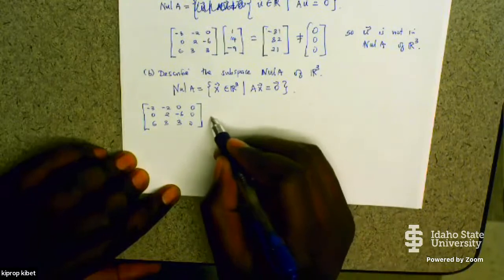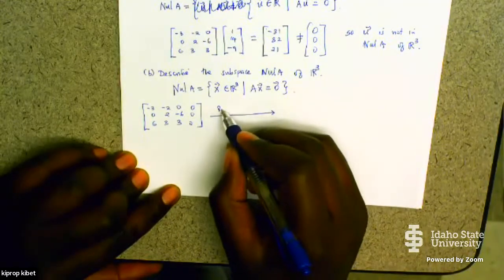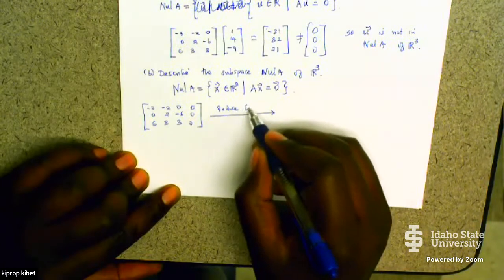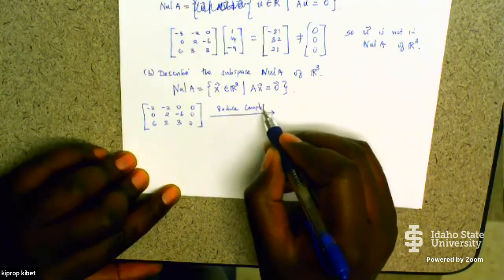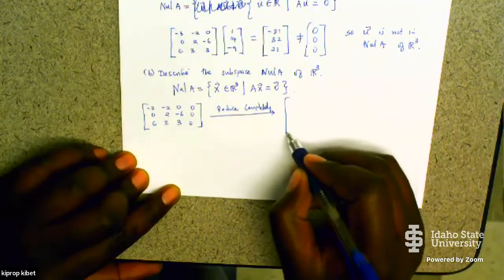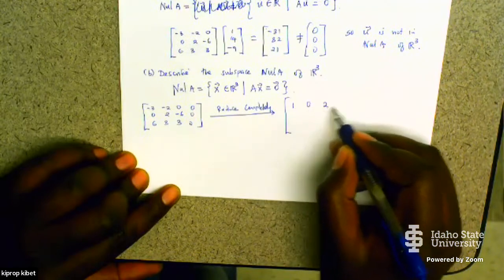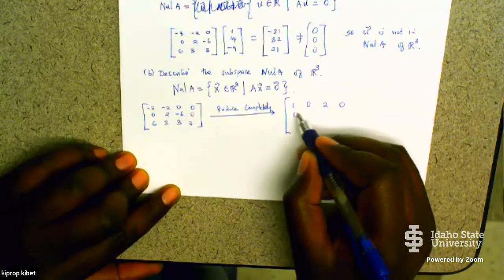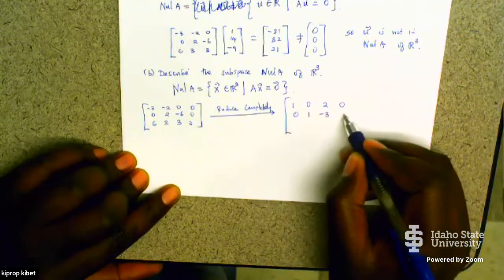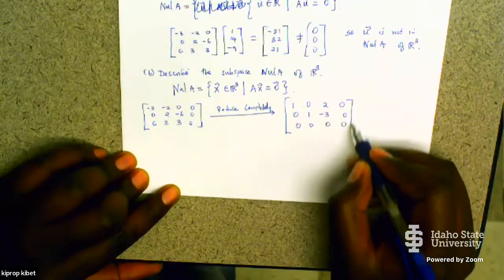I already solved these. So when you reduce completely, what you should get is 1, 0, 2, 0; 0, 1, -3, 0; then 0, 0, 0, and 0.